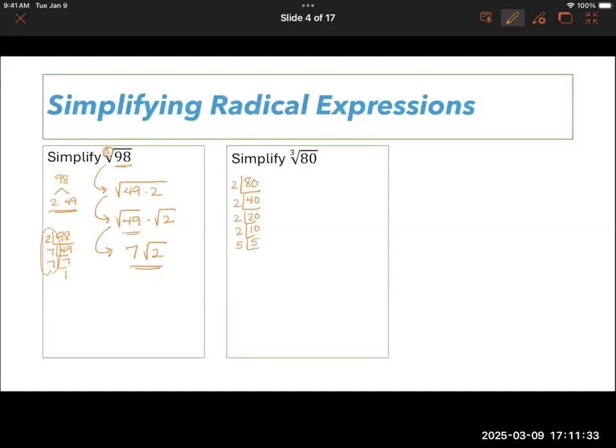So I can divide that by the prime number of 5 to get down to 1. So now when I look over here at my prime factors, I can see that I have 1, 2, 3 2s. And then I have this 2 and this 5 that don't have enough to be cubed.